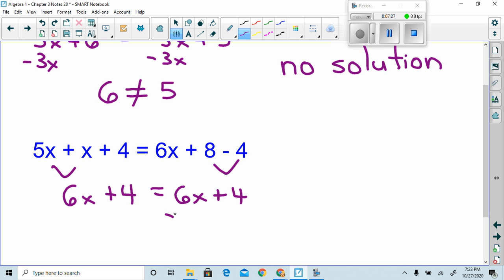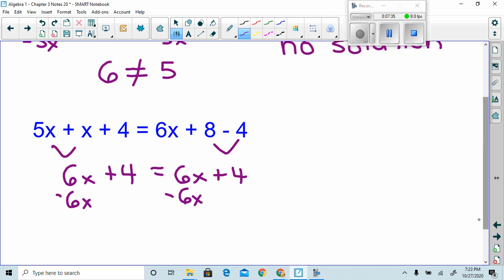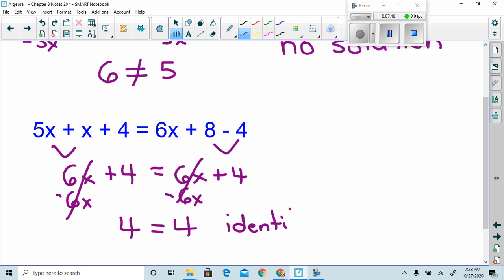I see variables on both sides, so I'm going to stop and collect them to one side. And once again, I have that same situation where my variables cancel out. I'm now left with 2 numbers. If those numbers are the same, once again, we have an identity. In an identity, we now know that we will have x equal to all real numbers.